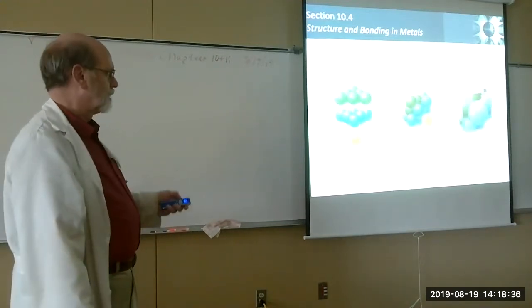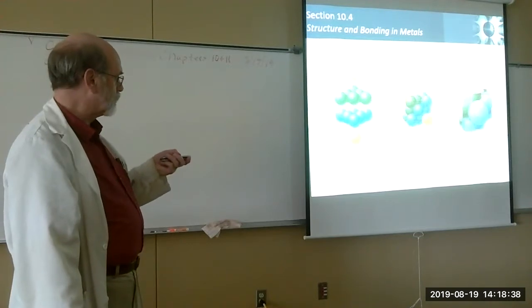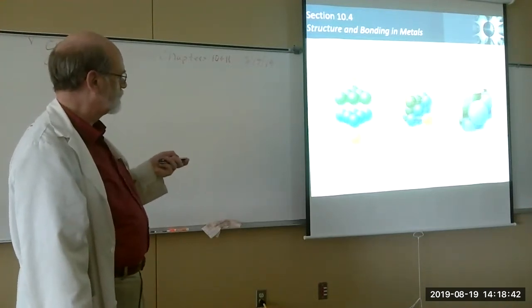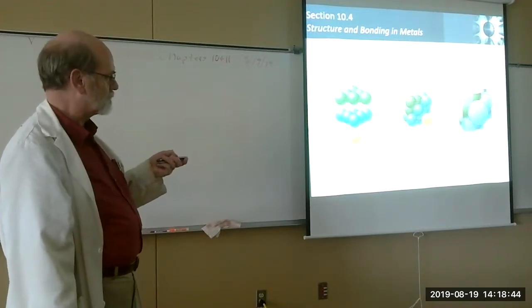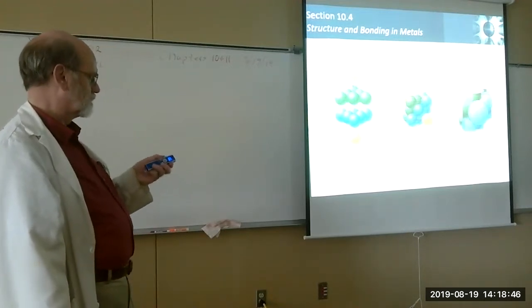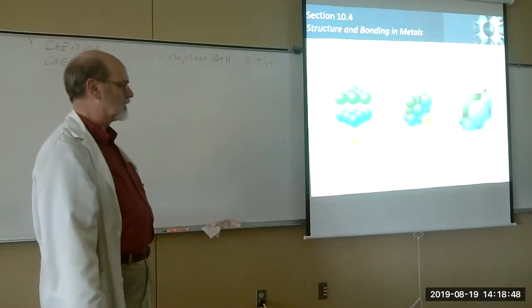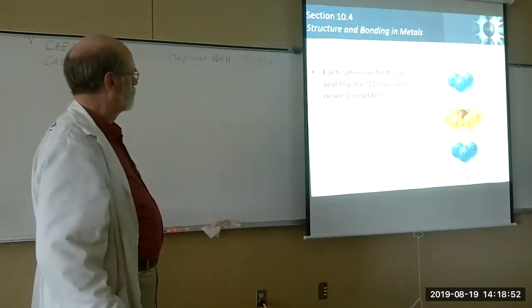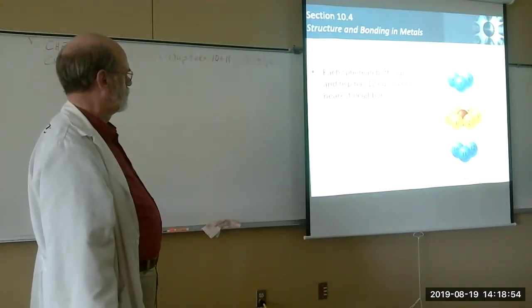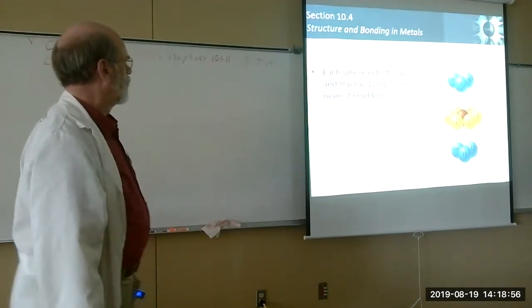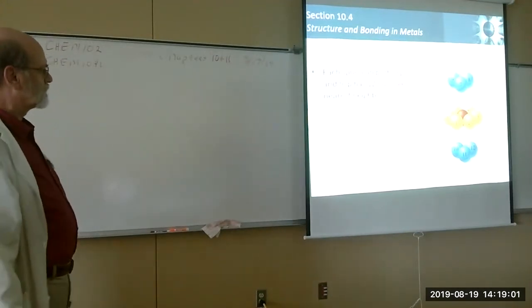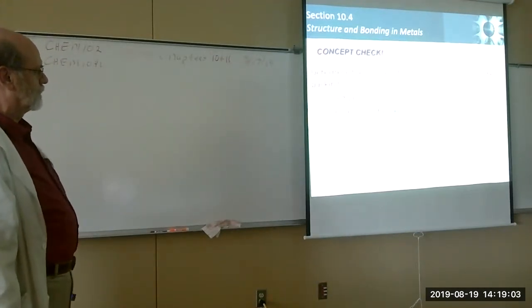No. This one looks like a face-centered cube. So cubic closest packing for ABCA, that is definitely a face-centered cubic. But the hexagonal doesn't look like it. That's not important right now. I'm not going to hold you to that one.